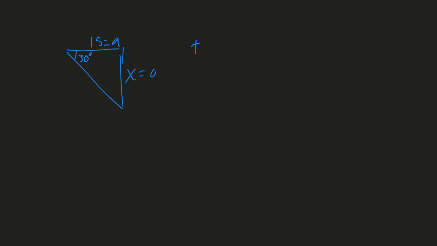So I'm going to use tangent because I have my theta, and I don't know what my opposite side is, but I do know what my adjacent side is. So let's plug it all in. So it's tangent of 30 equals the x side over my 15.